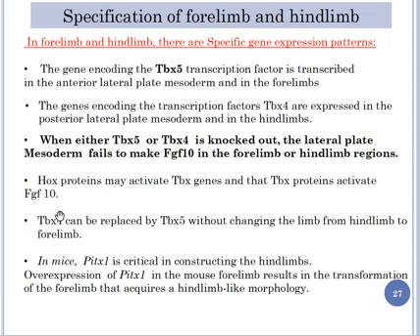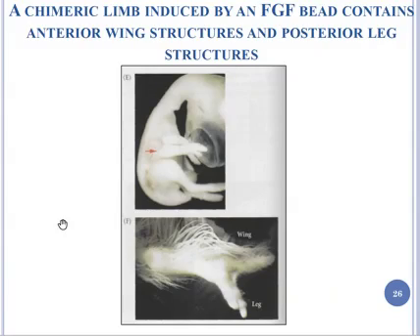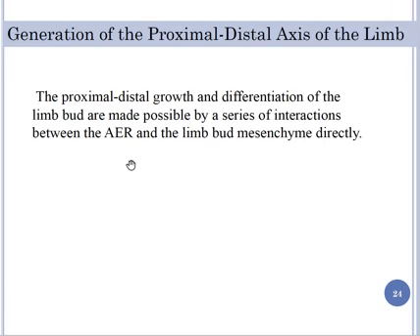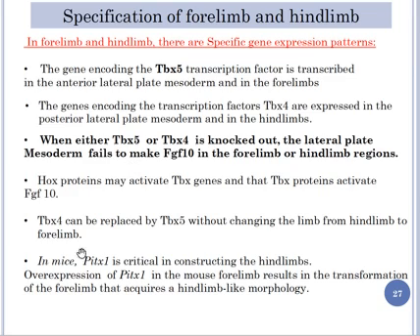Interestingly, they did an experiment in which they tried to replace TBX4, which is usually expressed, TBX4 in red, in the hind limb bud, with TBX5, which is expressed in the forelimb bud. They found that TBX4 can be replaced by TBX5, but surprisingly without changing the limb from hind limb to forelimb.